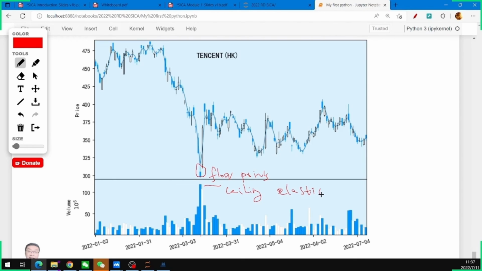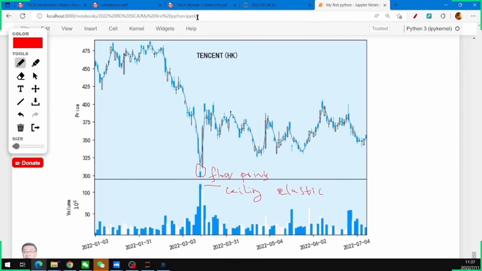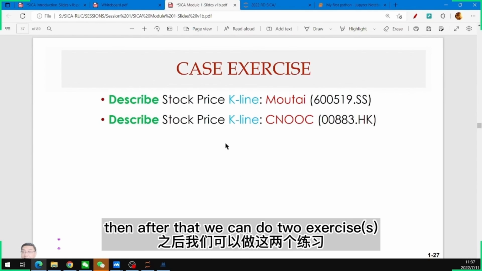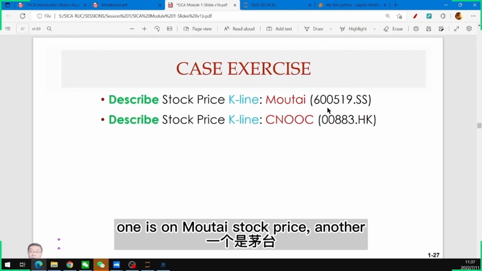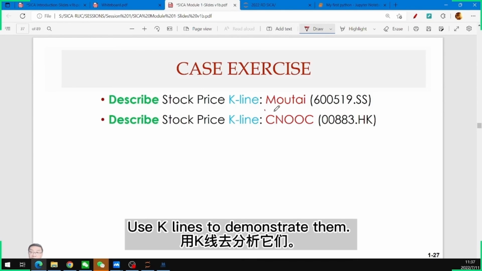Okay, that's pretty interesting, huh? Then after that, we can do 2 exercises. One is on multi-stock price, another we could do on single stock price, and use K lines to demonstrate them.